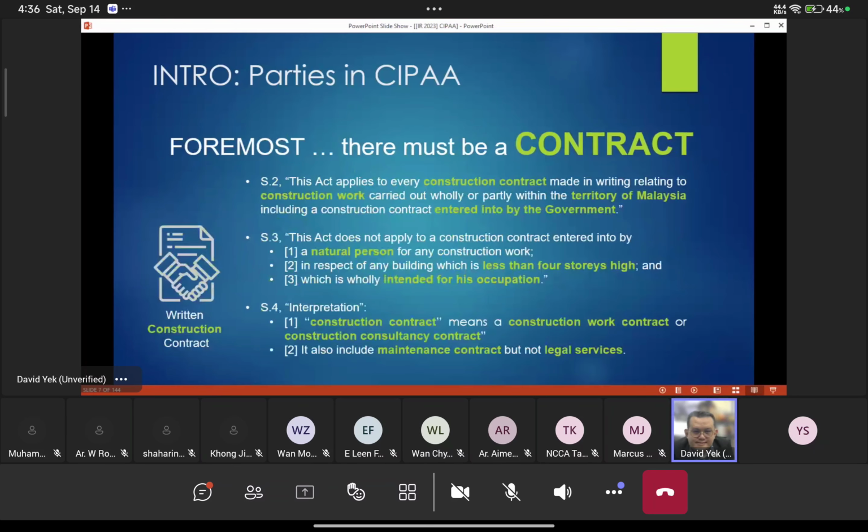The Act says that it does not apply to a contract entered into by 1, 2, and 3.